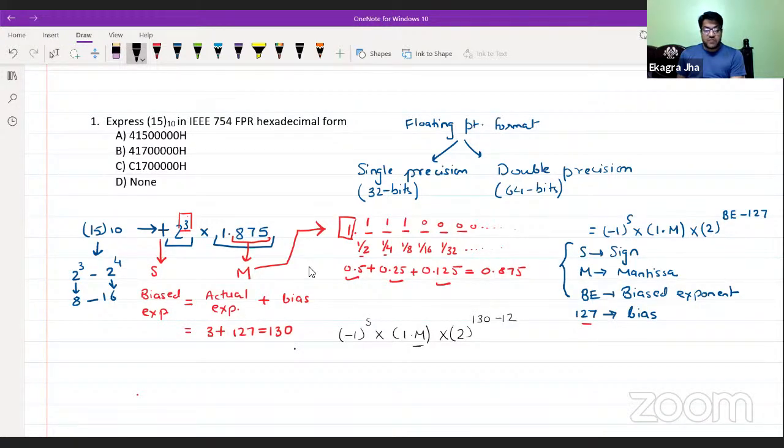Now we already have the mantissa, so let's put it in here. This will be 1.111 multiplied by 2 to the power 130 minus 127, and the sign, as we already calculated, because the value is positive, is 0, which represents a positive value.